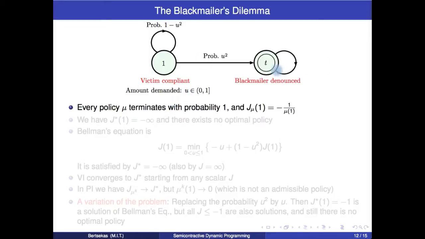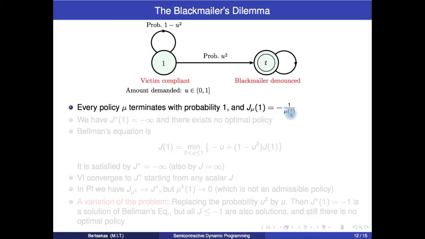If you calculate the cost associated with a stationary policy, you'll find that there is a probability 1 of eventually getting to the termination state. On the other hand, the associated cost, which is the negative of the total reward collected, is 1 over the amount demanded.